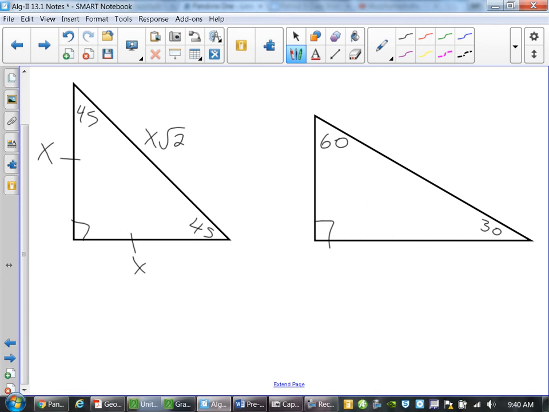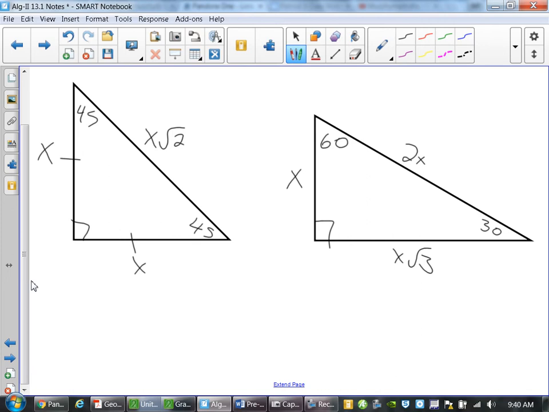Same thing with the 30, 60, 90. I set it up with some constant times the square root of 3, and double it. The 30, 60, 90 triangle, if you remember, came from the equilateral triangle. The equilateral triangle has all 60-degree angles.